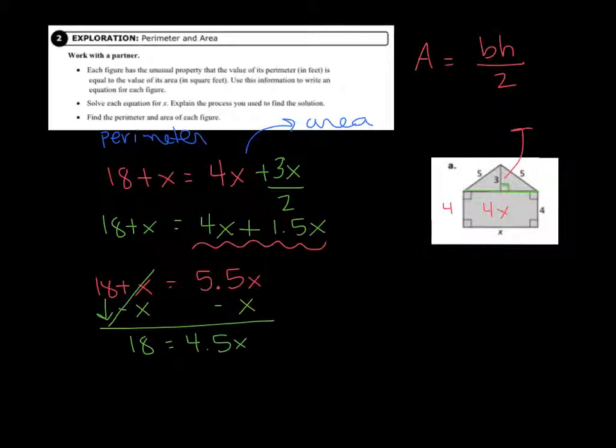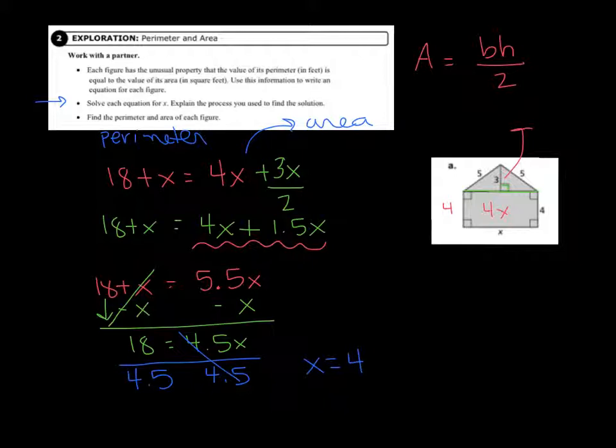So the opposite of multiplying by 4.5 would be to divide by 4.5. So when I do that, I know that 18 divided by 4.5 is equal to 4. So x equals 4.